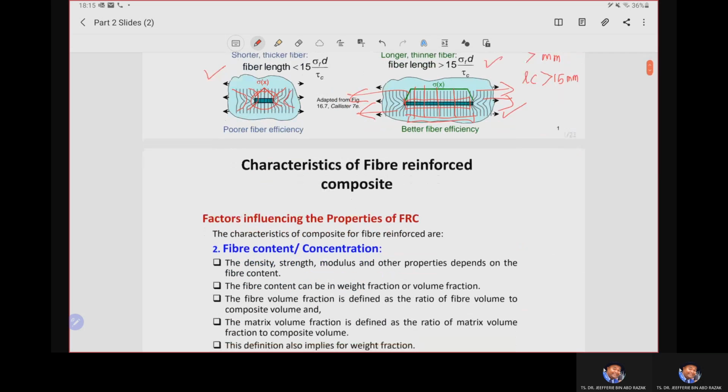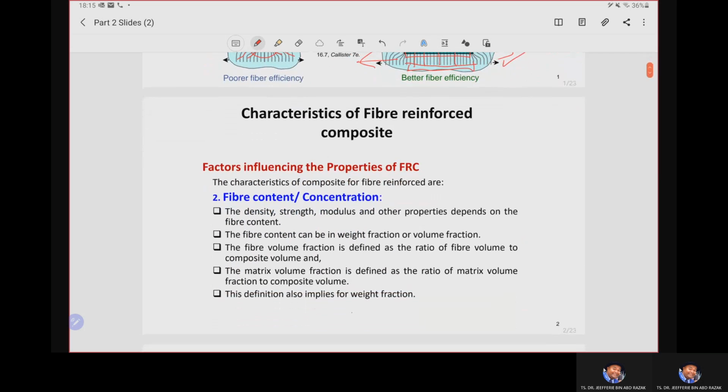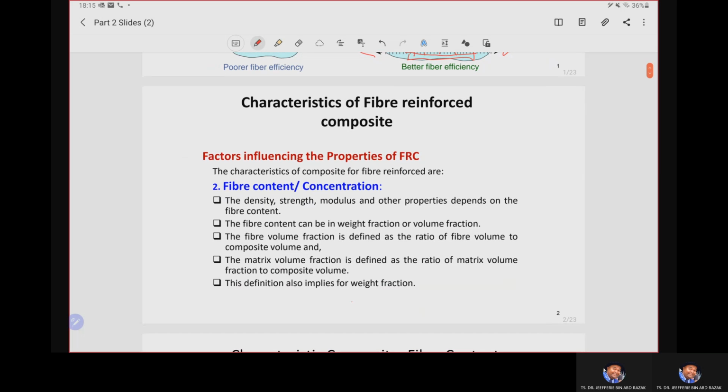So the next factor which influences the properties of fiber reinforced composite, the FRC here, is the fiber content or concentration. In fiber reinforced composite, the density rho, the strength sigma, the modulus E, and the other properties of the produced composite are basically depending on the fiber content.